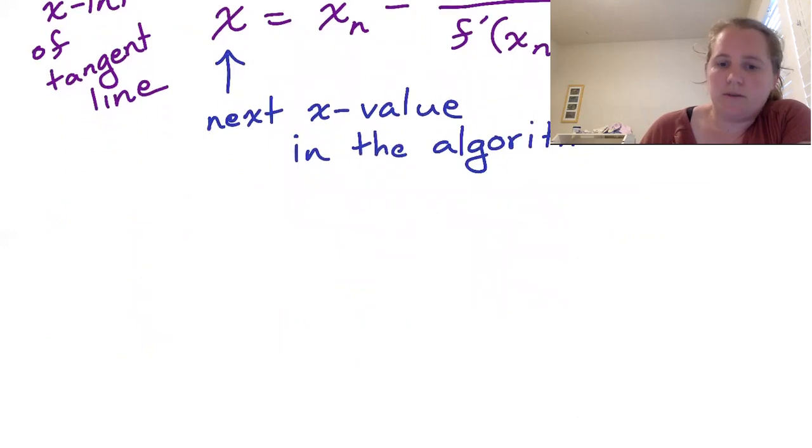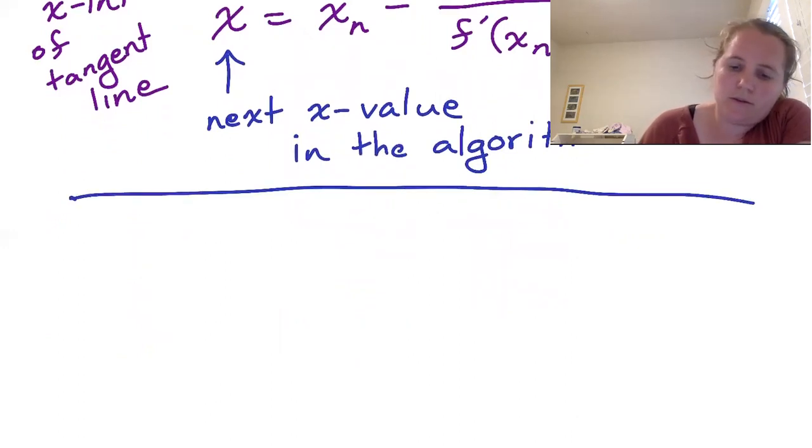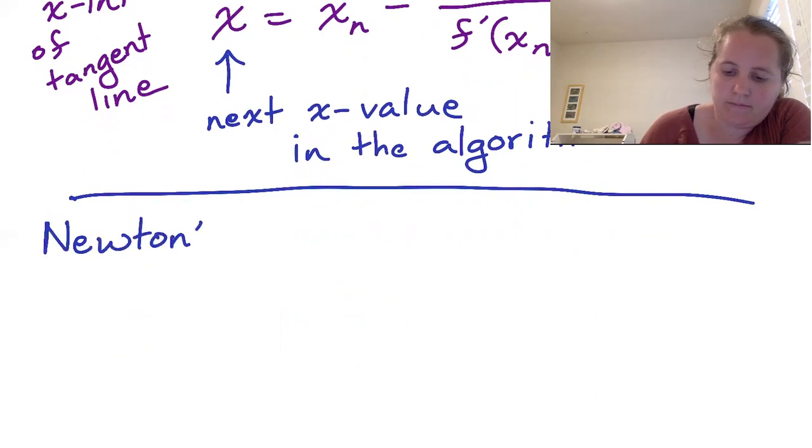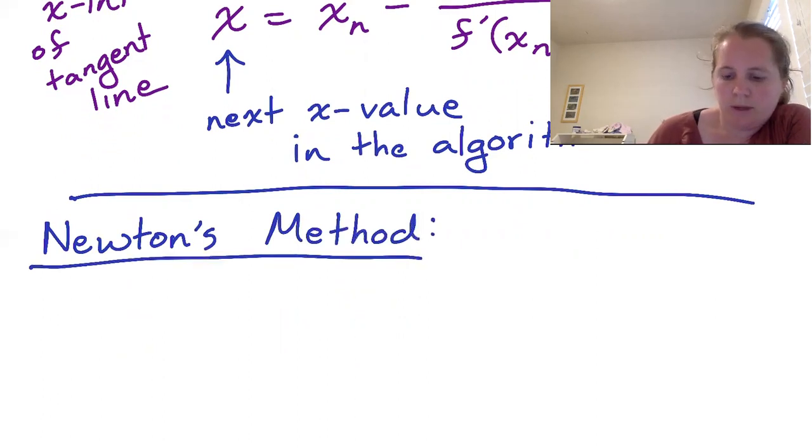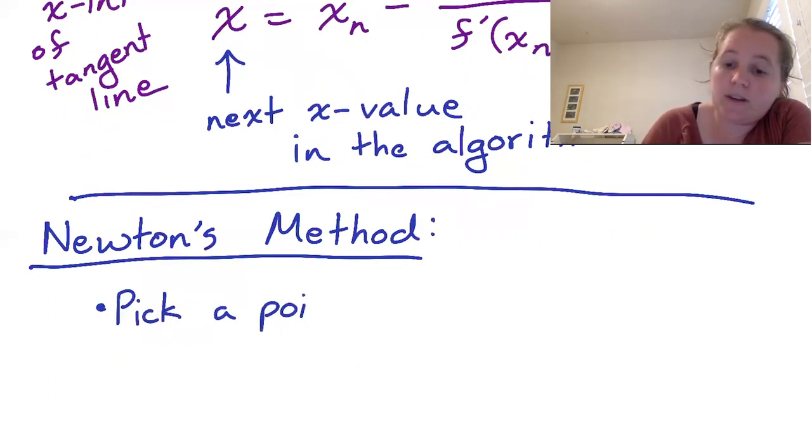So our algorithm for Newton's method is this: we pick an x value near the root.